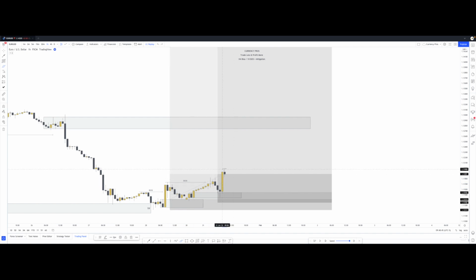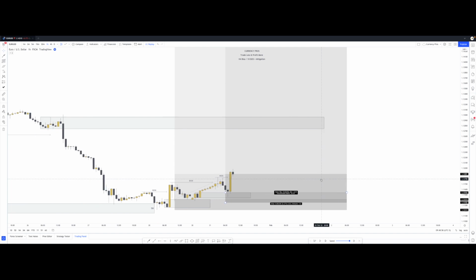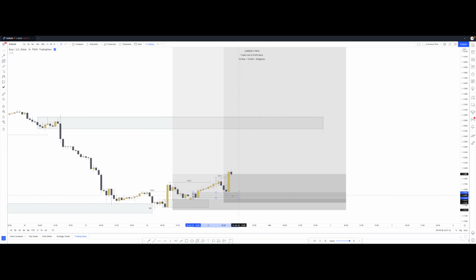We have a new high here that broke this structure. So we'll map that out, label it. And what's the point of origin for this move? It would be this bearish candle right here prior to the impulsive move to the upside. So that could be a new entry.